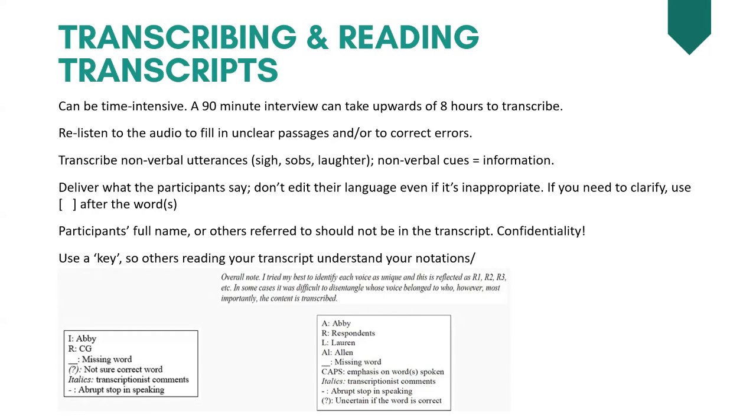Simple things like participants' names or others referred to should not be in the transcript. So we want to redact names out of transcripts, but that's up to you and also what's been accepted from your ethics committee. And we want to have a key so that others reading your transcript understand your notation.